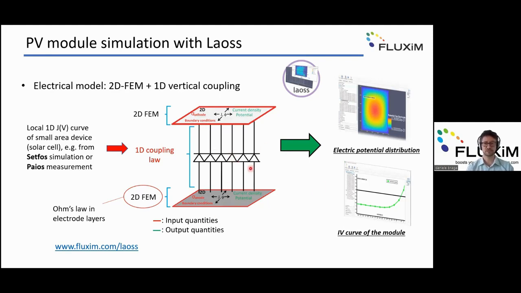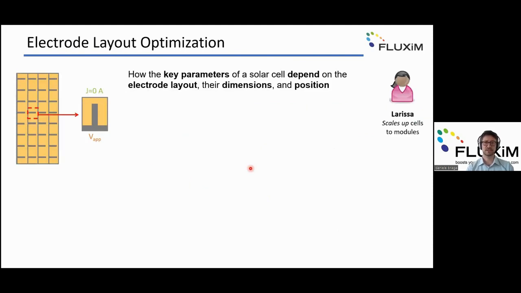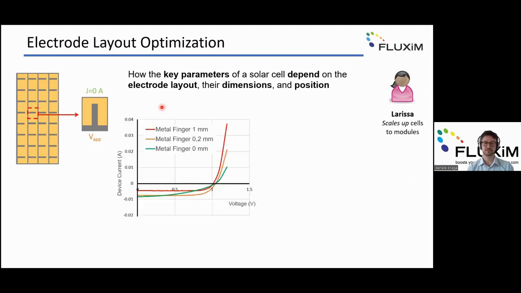So now with this tool, this researcher could ask herself how the key parameters of the solar cell depend on the electrode layout, the dimension, the position. So she could optimize the large area solar cell by optimizing, for example, the layout of the electrodes.